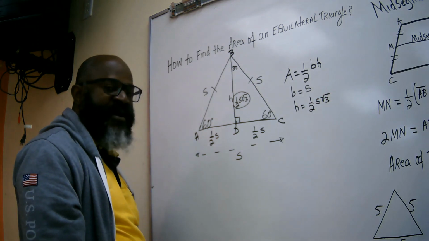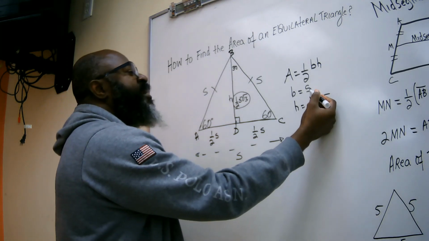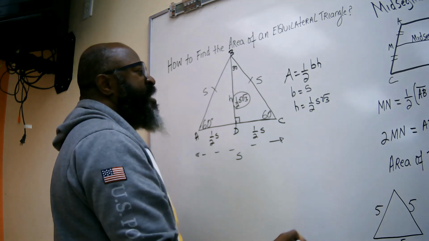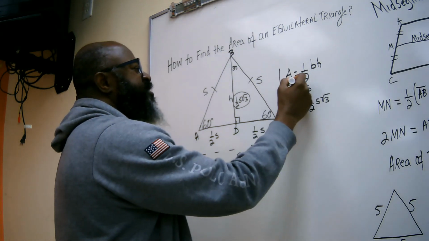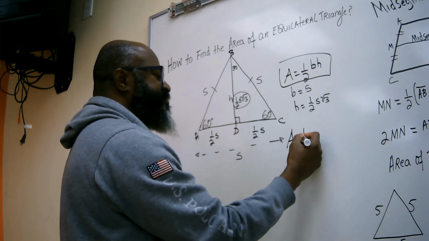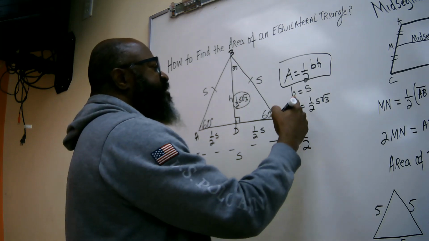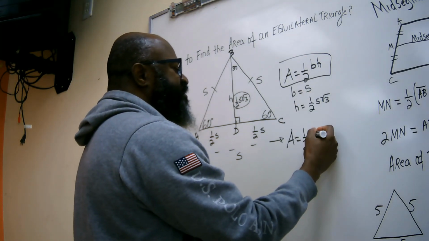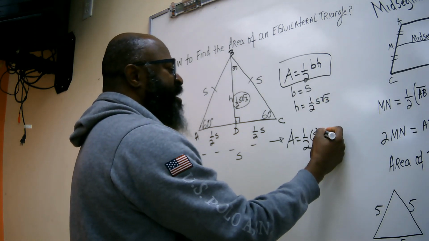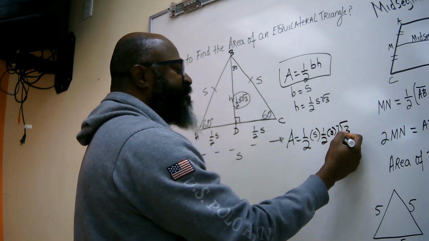Now we can find the area of the triangle. We know the base, which is S. We know the height, which is 1/2 S times square root of 3, and remember, area is 1/2 times the base, S, times the height, 1/2 S times square root of 3.